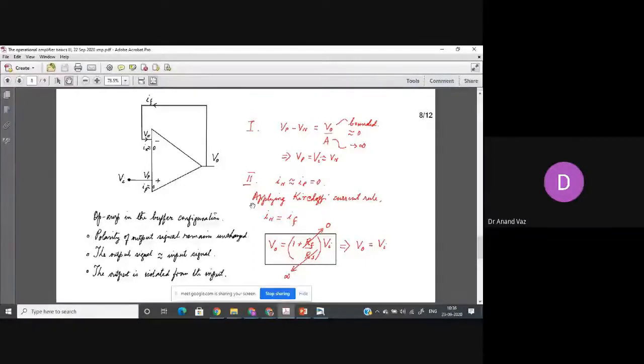The important points here were that the polarity of the output signal remained unchanged, and the output signal is almost equal to the input signal. So it tracks the input signal, and the output is isolated from the input. It's not directly connected to the input signal.